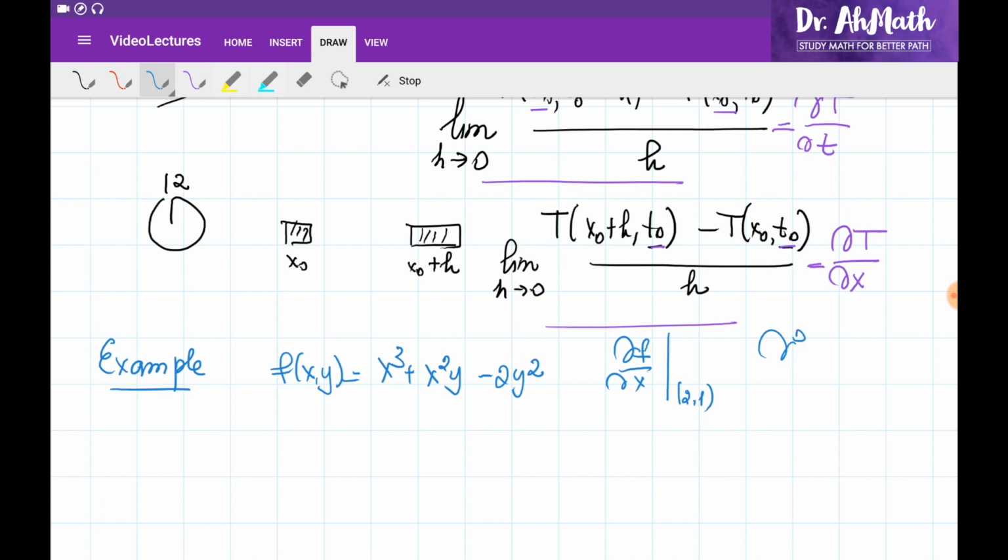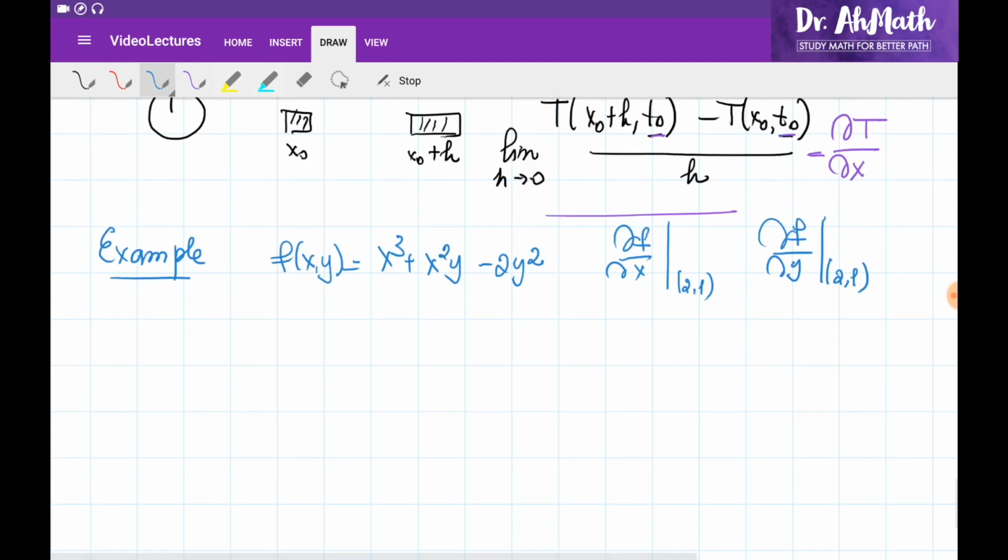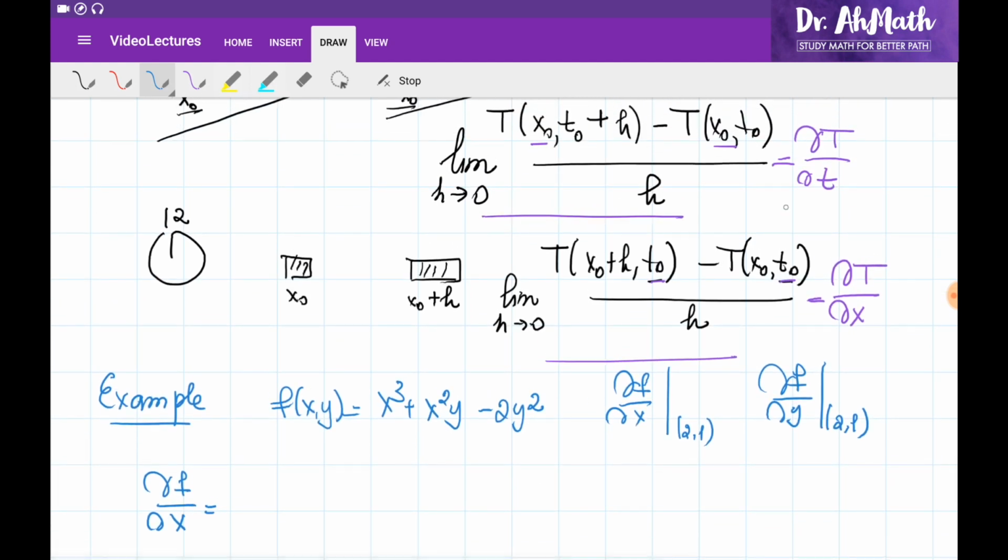And we need to find the partial derivative of f with respect to y at the point t and 1. Okay, so in order to find the partial derivative of f with respect to x, as before, when we take the derivative with respect to the time, the position is fixed. Position is a constant. Here as well.